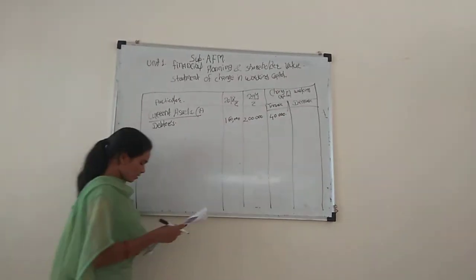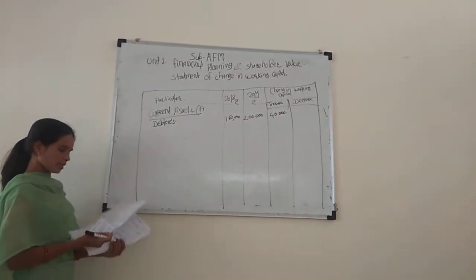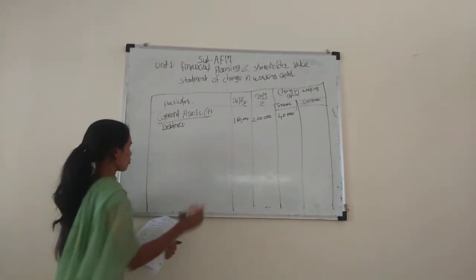Okay, next show the balance sheet. Next current asset is stock.